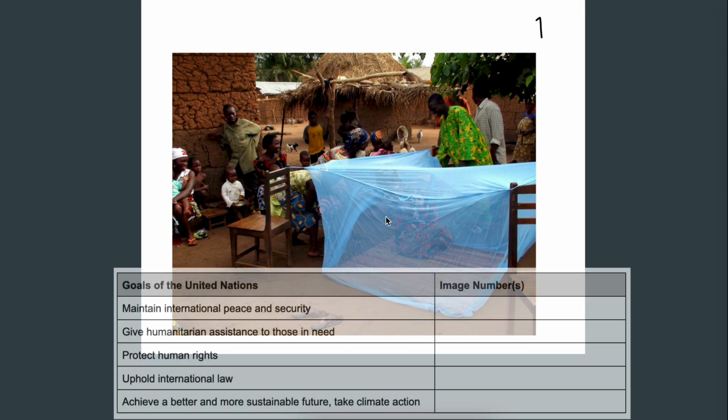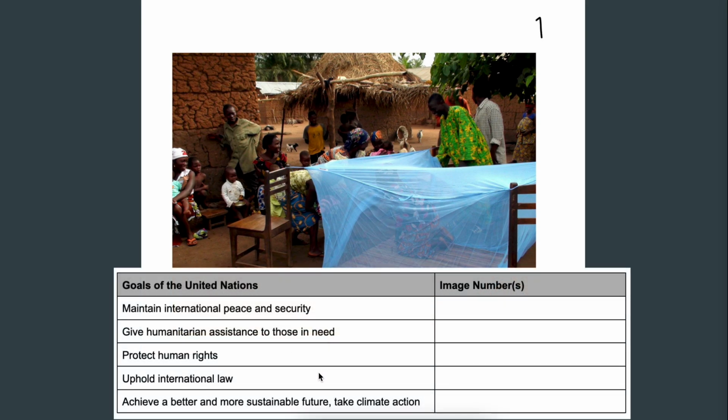So I am looking at my list of the goals of the United Nations, and I decide that this second goal, goal number 2, is the one that most applies to this picture, and so I'll put the number 1 next to that over here.